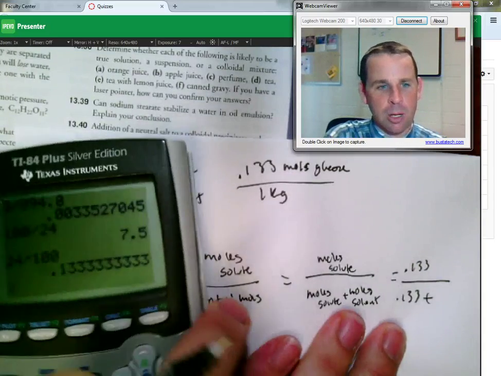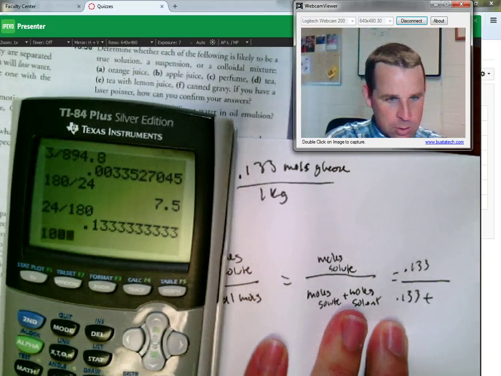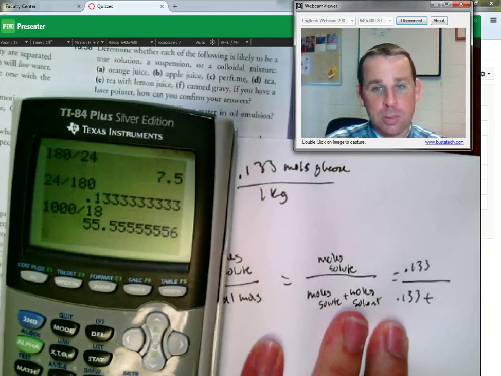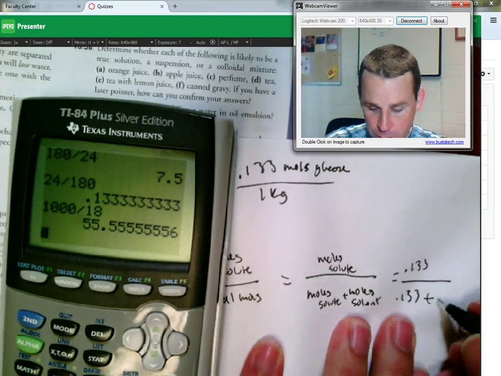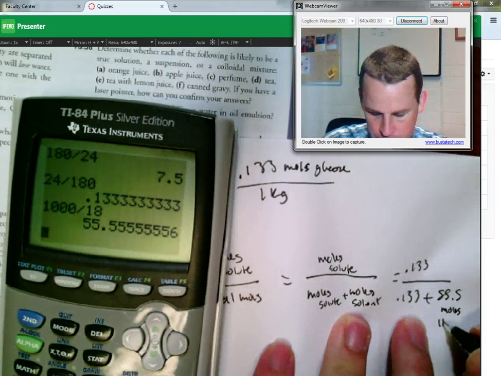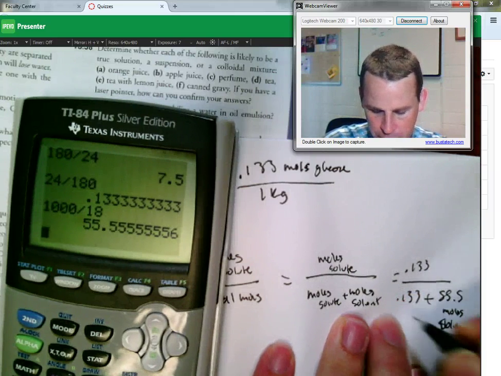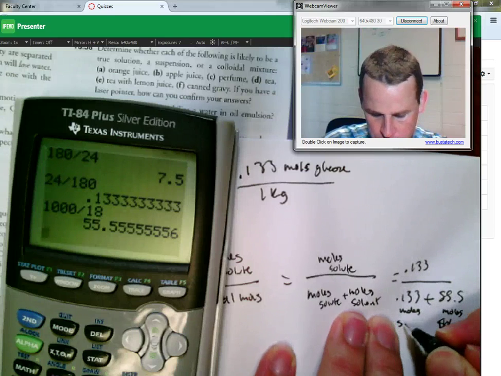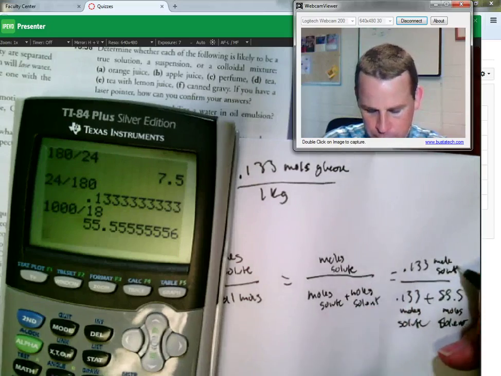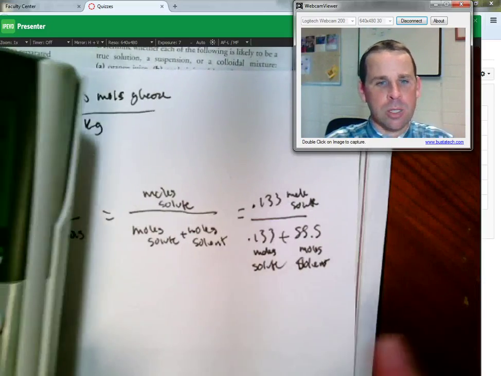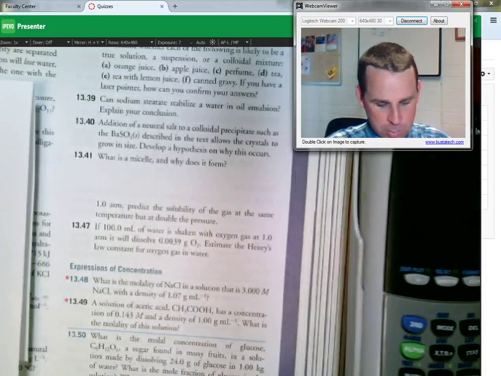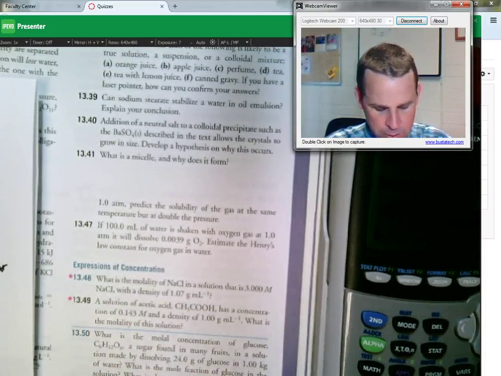Now I have a kilogram of water, so that's 1,000 grams, and I can divide that by the molar mass of water, 18, and that tells me that I have 55.5 moles of water. 55.5 moles of solvent. This is moles solute. Correct? All right, so to find the mole fraction of glucose, what's the mole fraction of glucose in the solution?